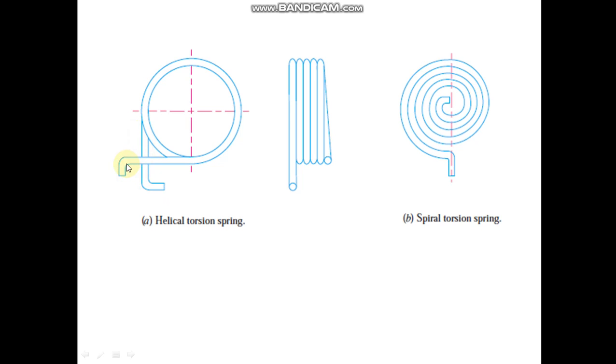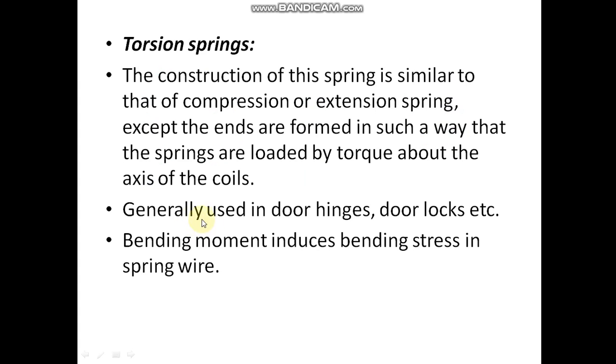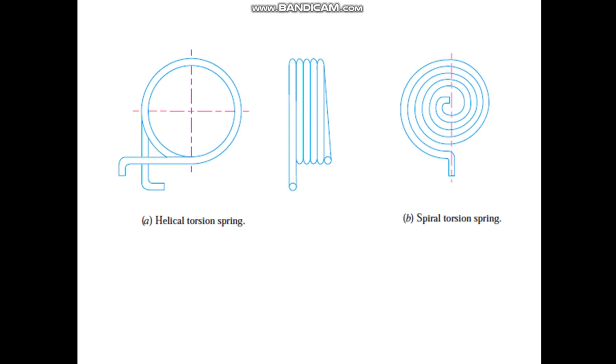When we apply the force on it, it will be a torsion spring. Generally used in door hinges and door locks. Bending moment induces bending stress in the spring wire, so the spring wire will be subjected to bending when we apply force on the torsion spring.